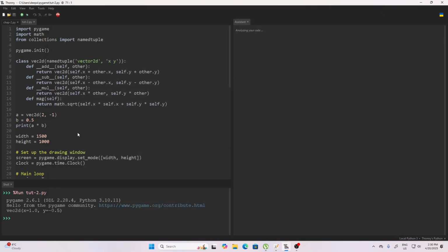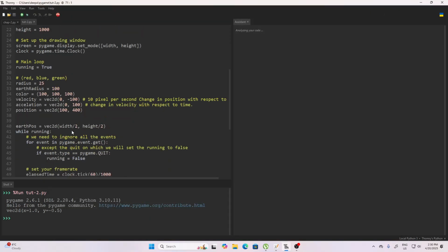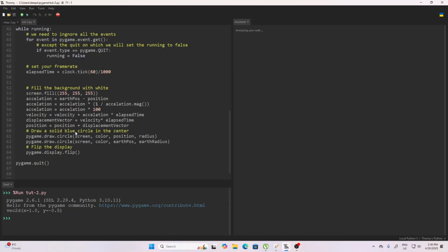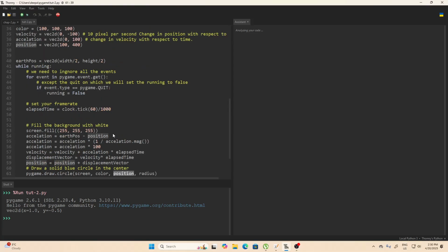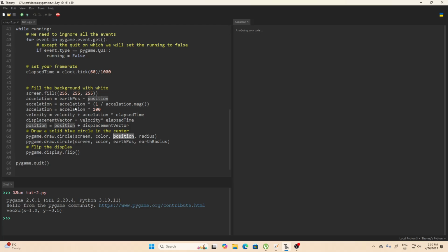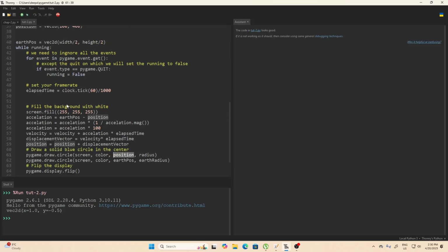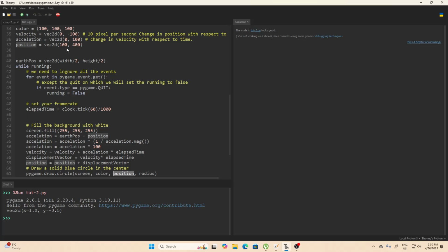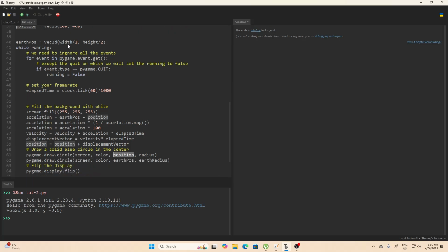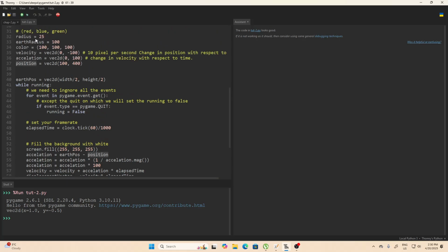Let's suppose the earth is at the center, and this is our moon's position. Let's say the position of this thing is also near the earth.